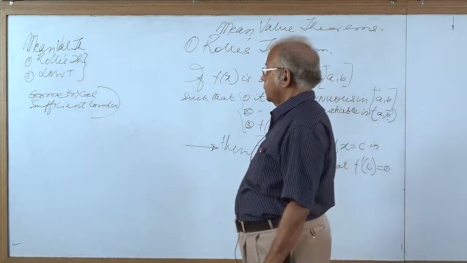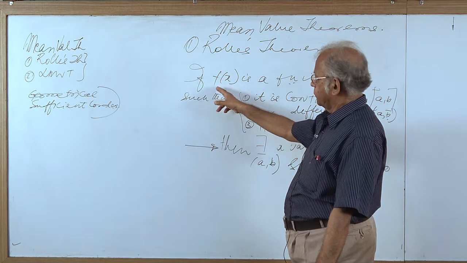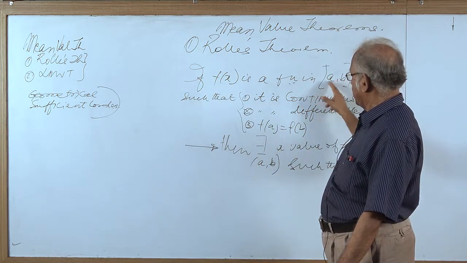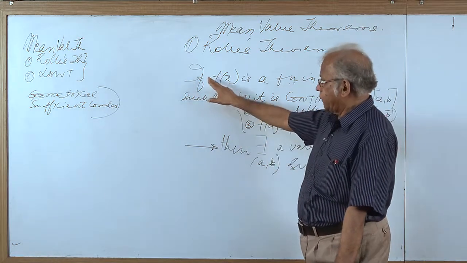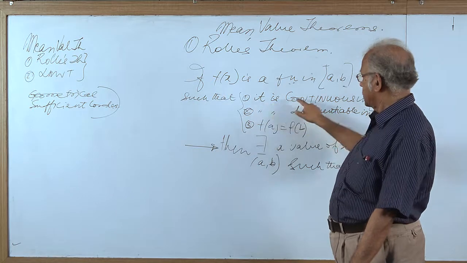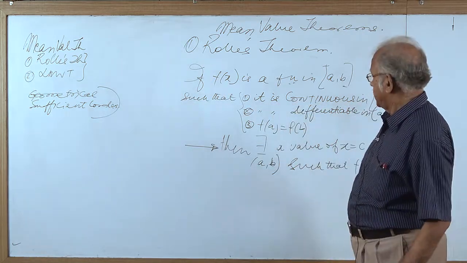First of all, we are talking of a function f(x) defined in a closed interval a to b, and function f(x) is such that the first condition is it is continuous in the closed interval a to b.